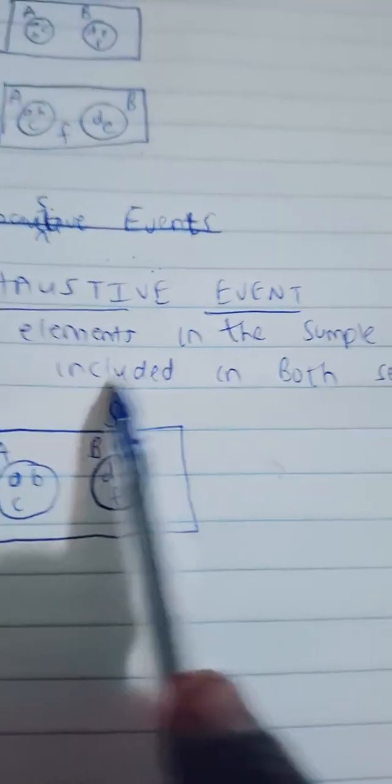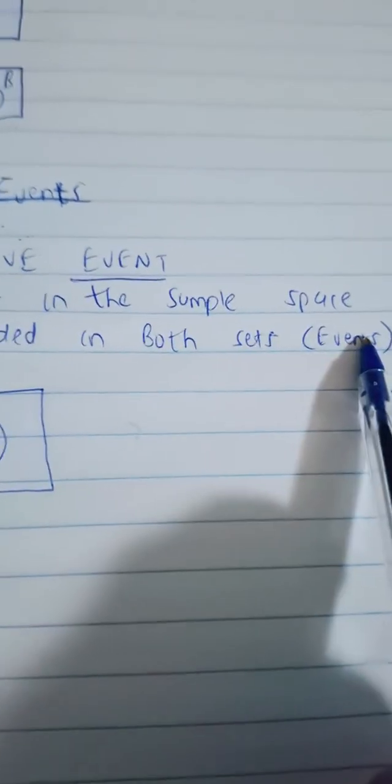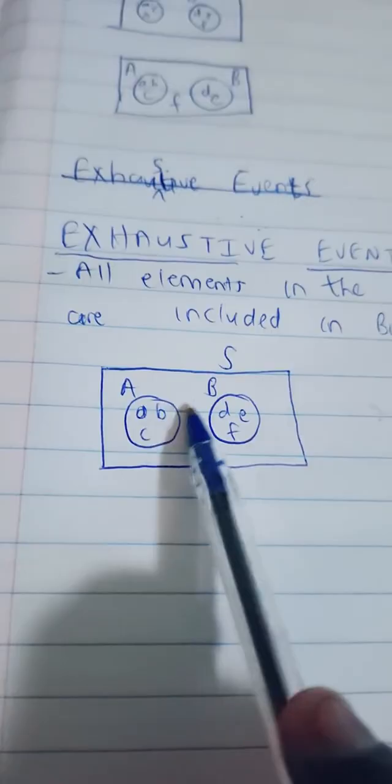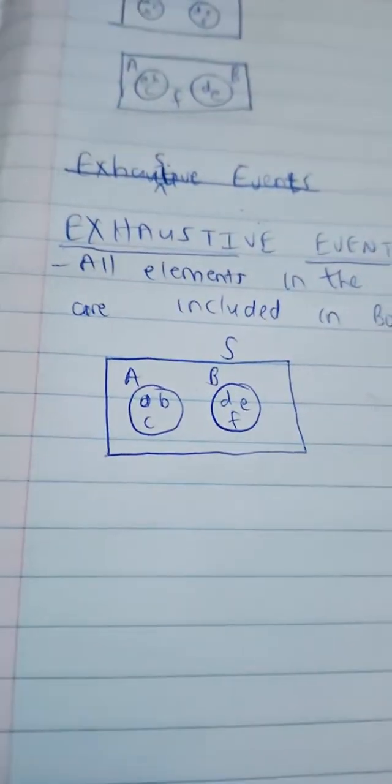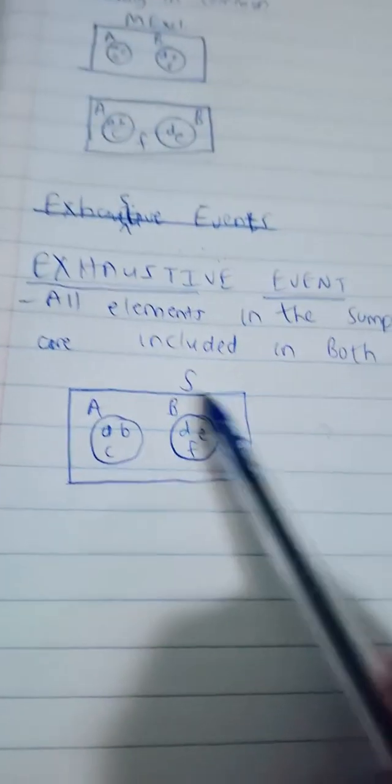Yes, they are in the sample space. Are they included in both sets of events? Let's look at the set of the events. We have set A, which is event A. We have set B, which is event B. My question to you: are all the elements included only in the events?